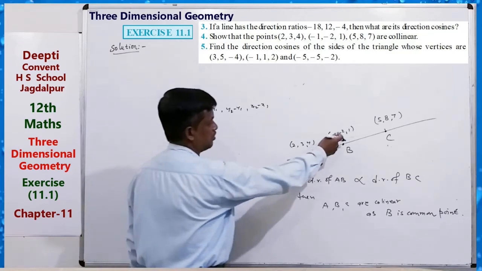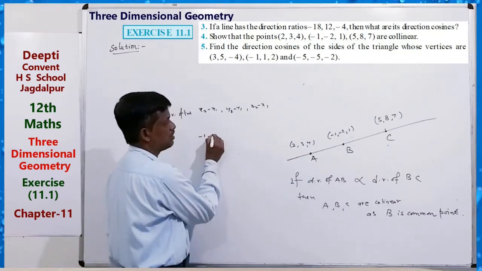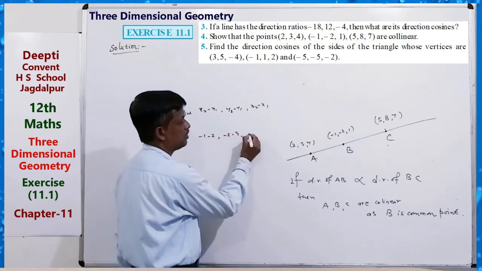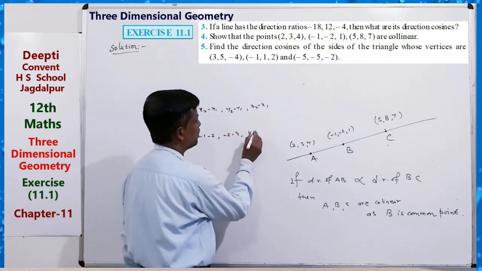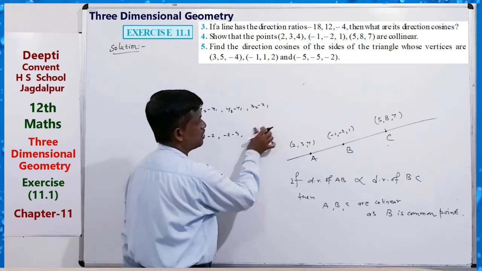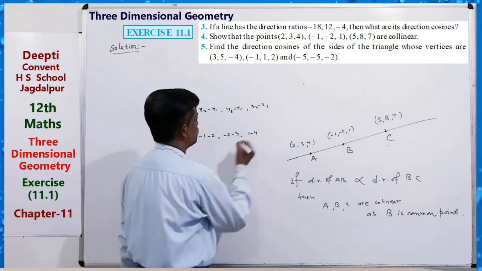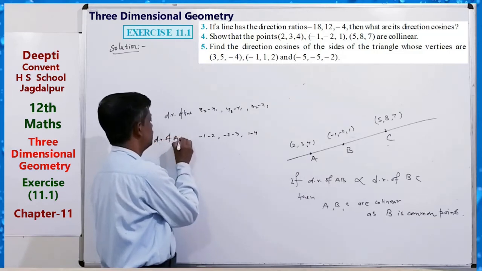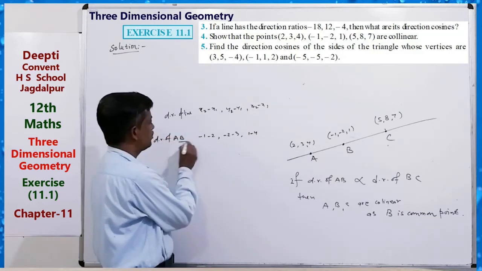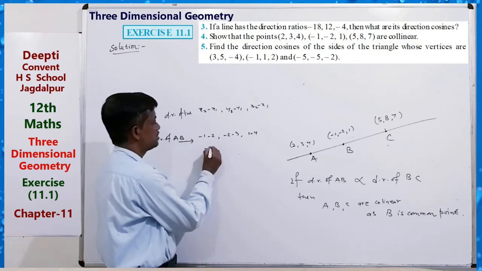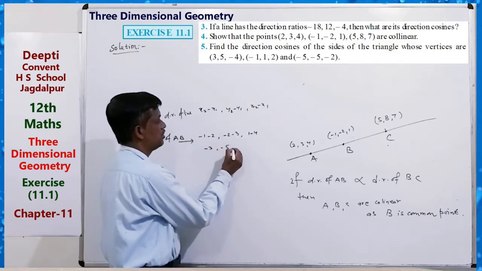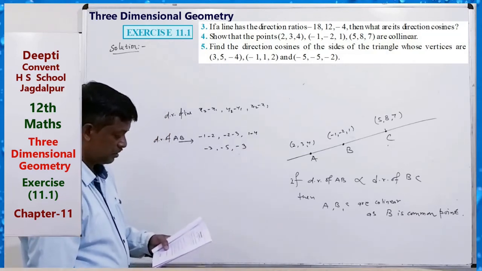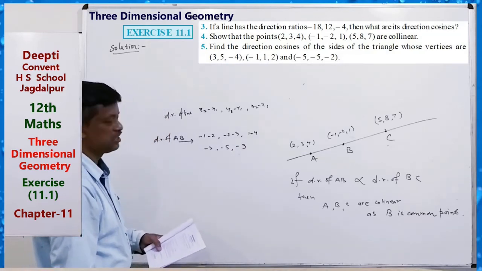So here -1 minus 2, -2 minus 3, 1 minus 4. Direction ratios of AB are -3, -5, -3.